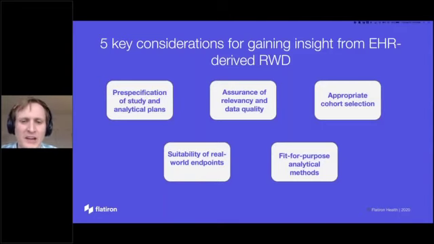So we've generally identified lessons learned and internal guidance from discussions with regulators and with clients about how we might want to get at these considerations. These are generally undergirded by pre-specification.